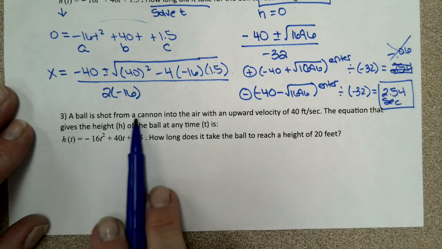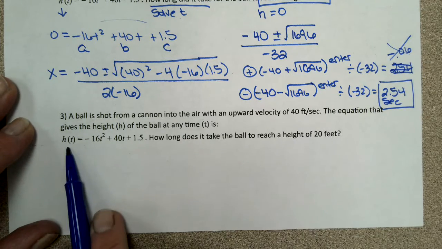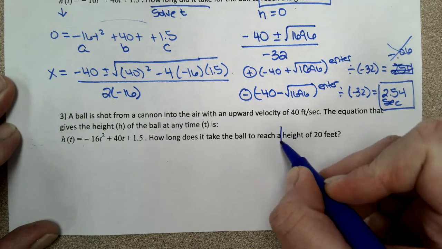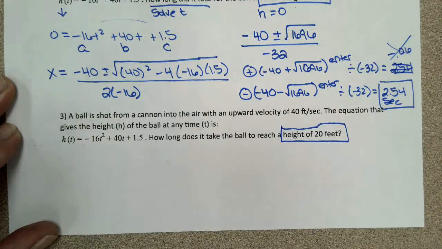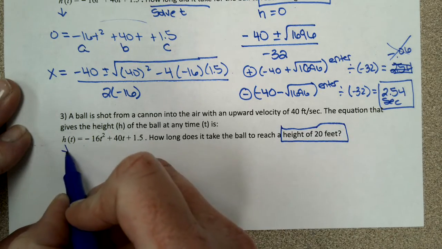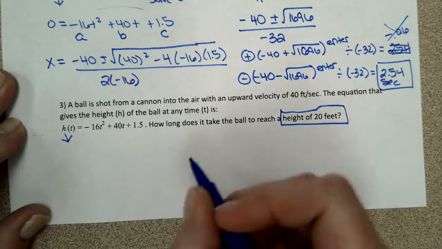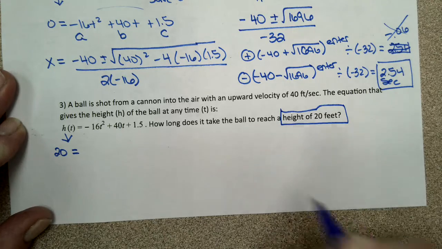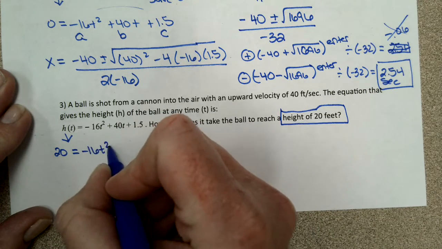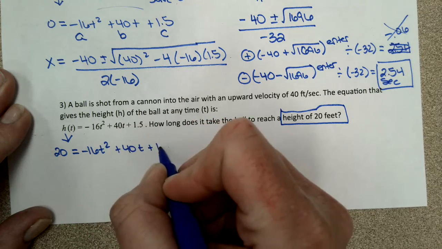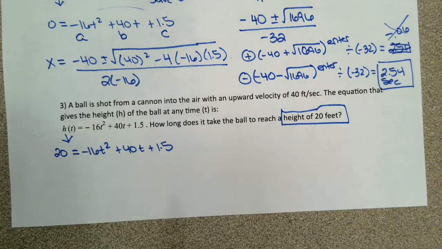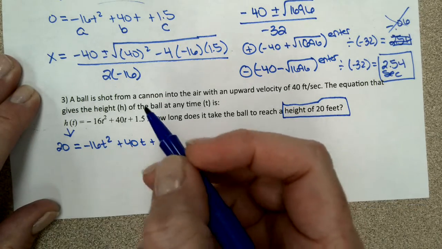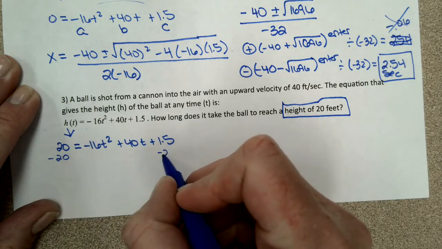Number 3, a ball is shot from a cannon into the air. Here's my equation. How long does it take the ball to reach a height of 20 feet? Okay. Well, this h of t, that's your height right there. And so it's telling you, why don't you figure out what happens when h equals 20? So back a long time ago, we said that we only know how to solve quadratics that are set equal to 0.